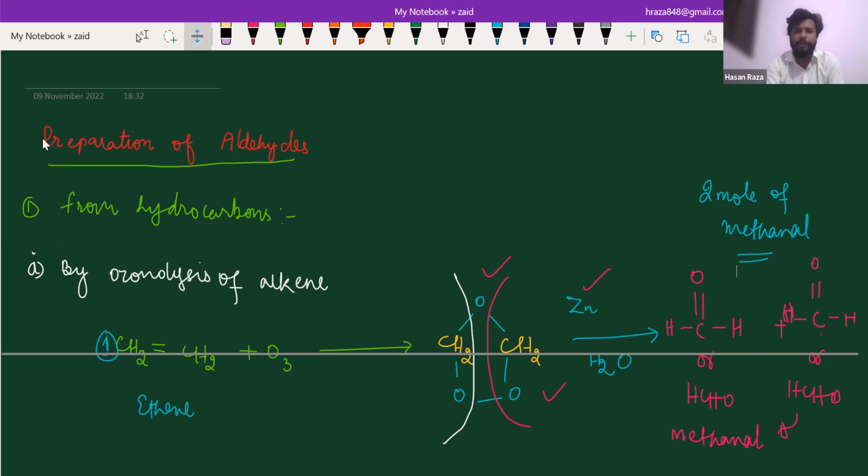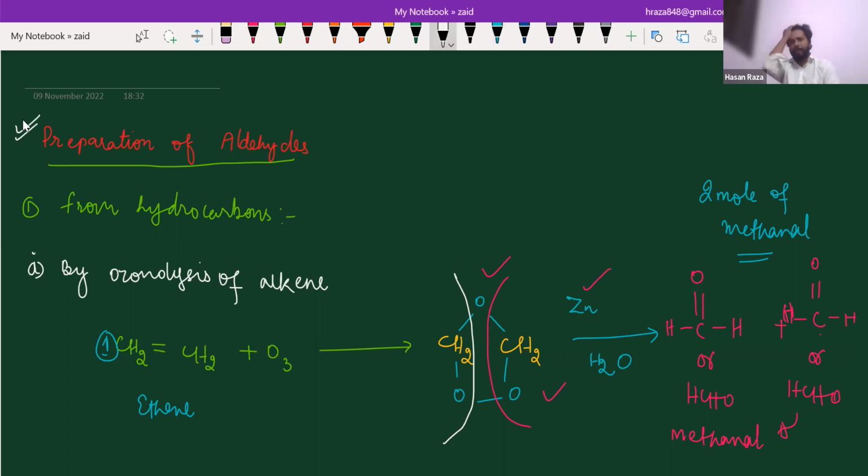So I just started preparation of aldehyde. And see, we are going to prepare aldehyde from hydrocarbons, specifically from ozonolysis of alkene. And we can also prepare ketones from ozonolysis of alkene.